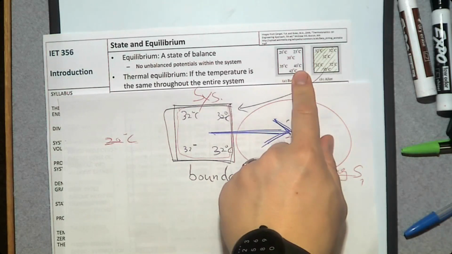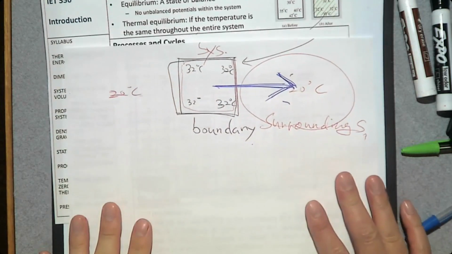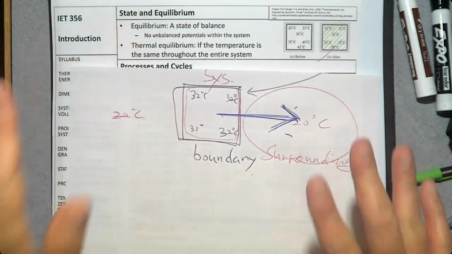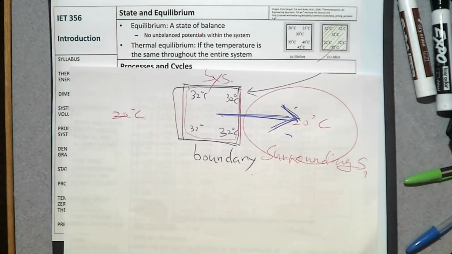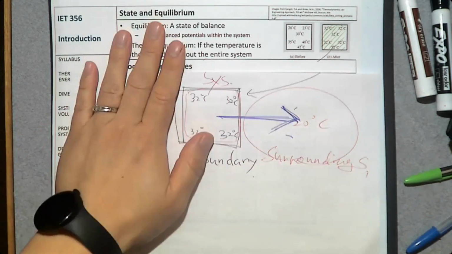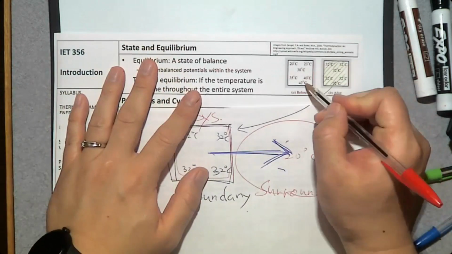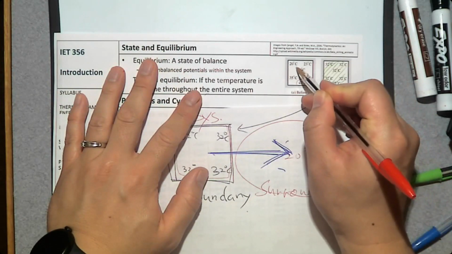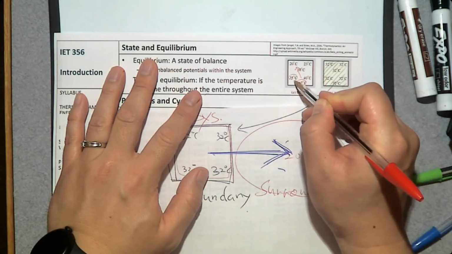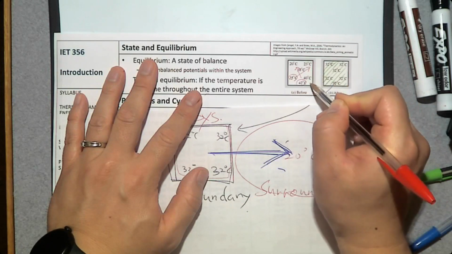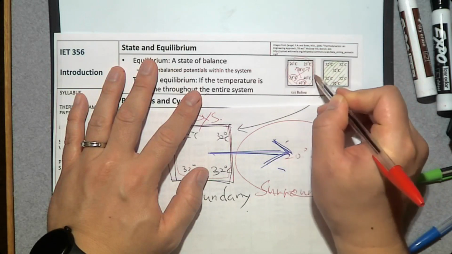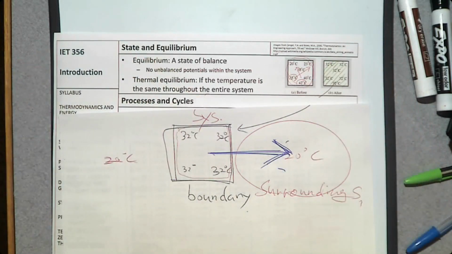Then what about this case? Of course, we can assume that initially it was like that, and after a certain time, it can be in thermal equilibrium, by heat transfer from 42 degrees Celsius to 20 degrees Celsius, or 35 degrees Celsius to 23 degrees Celsius, and after this internal heat transfer, it's going to be all the way 32 degrees Celsius.